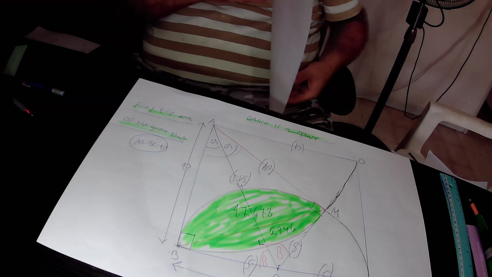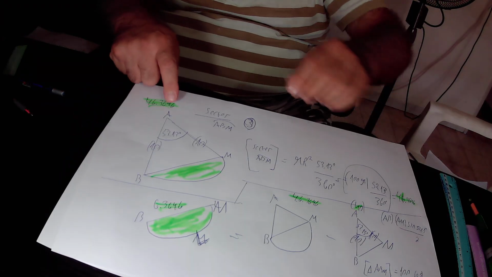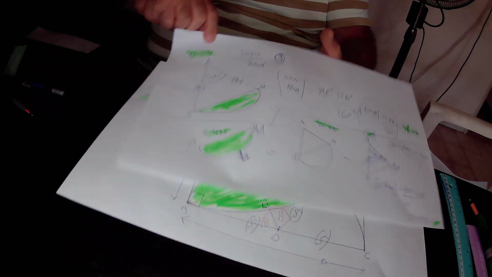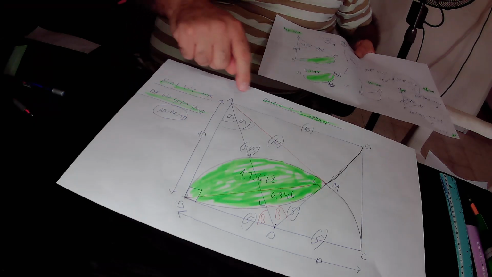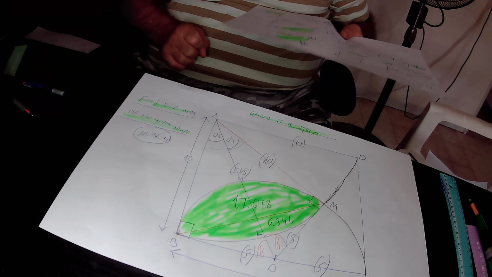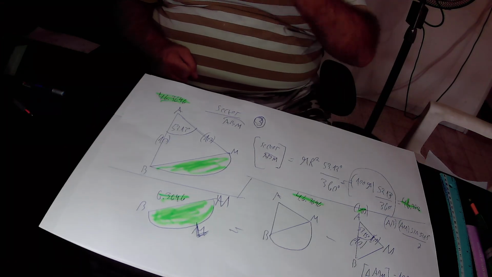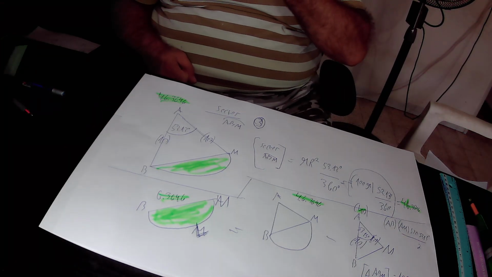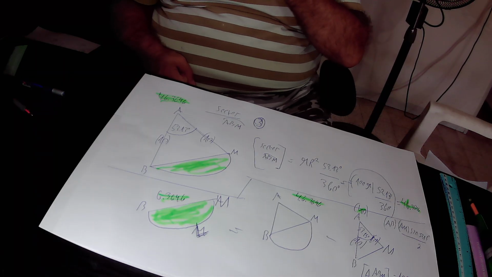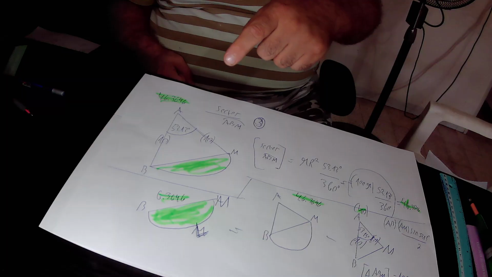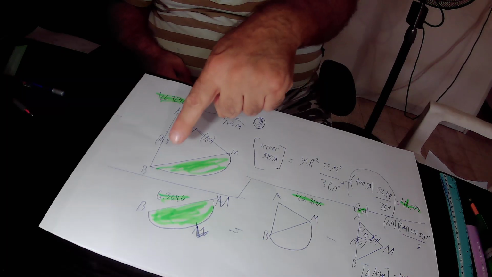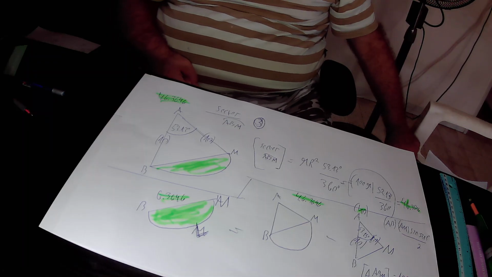We already found that 2 alpha equals 53.13 degrees. AB equals 10, and AM also equals 10. First of all, what is a sector? A sector is a portion of a circle enclosed by 2 radii and the arc between them, arc BM.